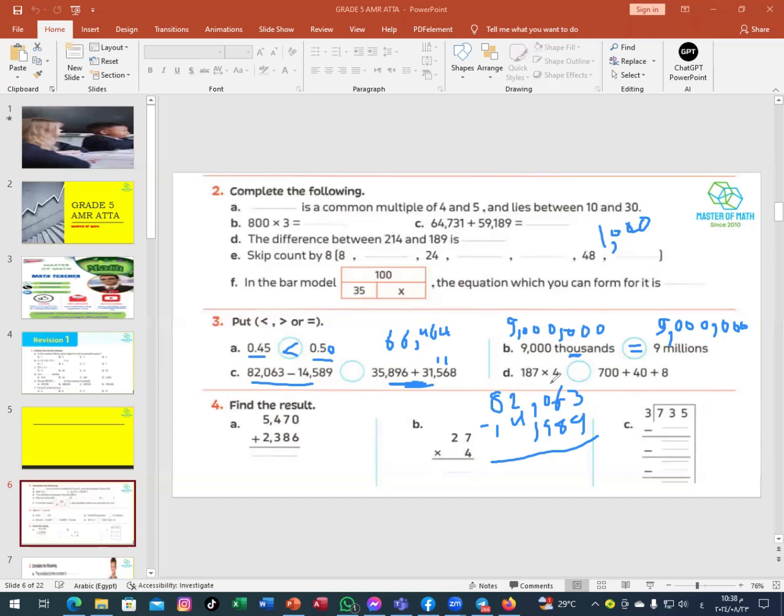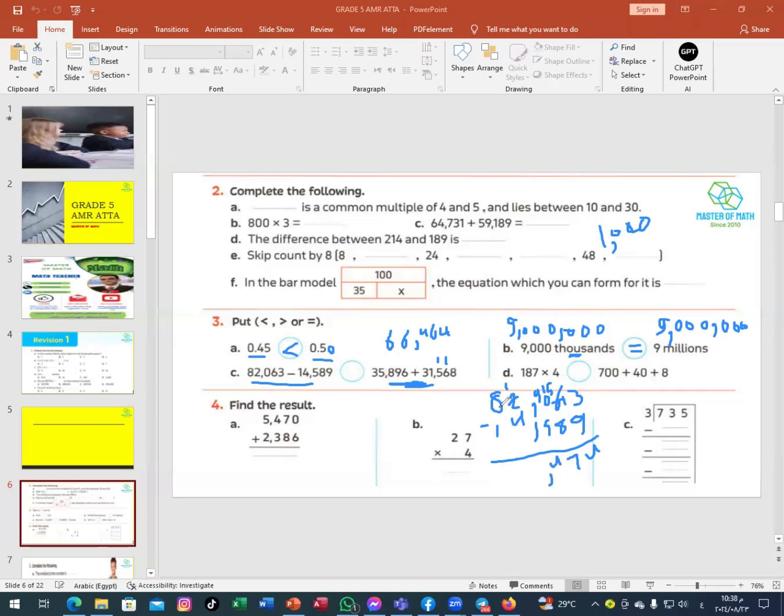I take 1 from 6 to become 5, and this becomes 13. 13 minus 9 equal 4. 5 minus 8, it's impossible. So I want to take from 0, but it has nothing. So I take from 2 to become 1, and this becomes 9, and this becomes 15. 15 minus 8 equal 7. 9 minus 5 equal 4.